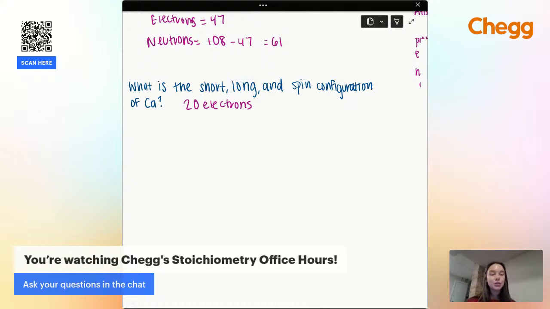So we want to find short configuration, which means we use the noble gas before calcium as a placeholder, and then we write the electron configuration after the noble gas. So the noble gases are found in the very right row of the periodic table, or the very right column. So to find the last noble gas, we're going to go up 1 row and all the way to the right of that row.